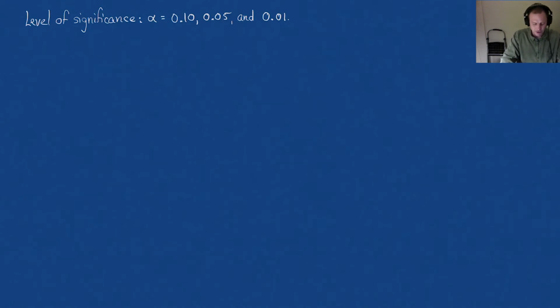Now, what does this mean? The level of significance means that if you find that the probability of your results is even less than alpha, meaning what you found is completely unbelievable, to the point of either 0.1, 0.05, or 0.01, then you have made a very, very convincing argument that something is different in this case.